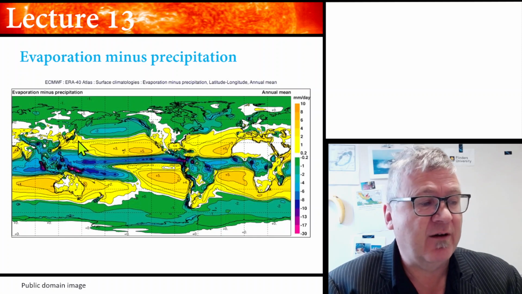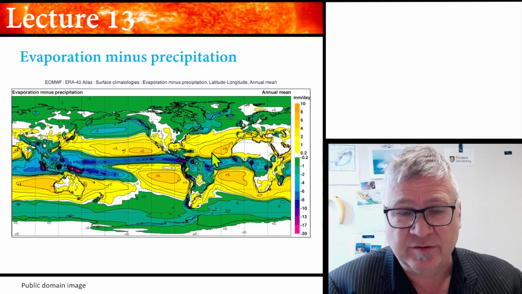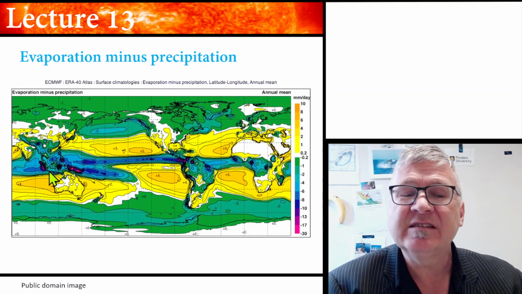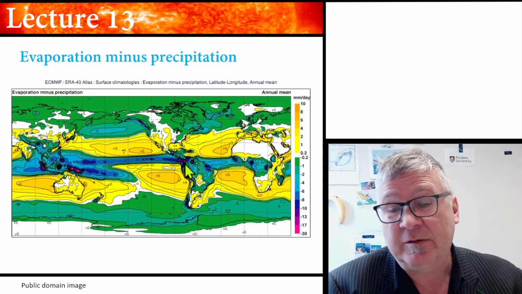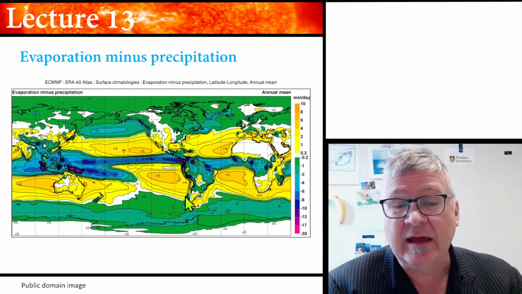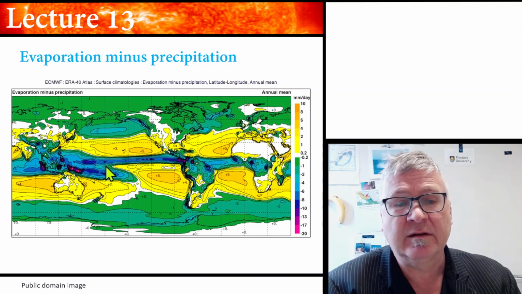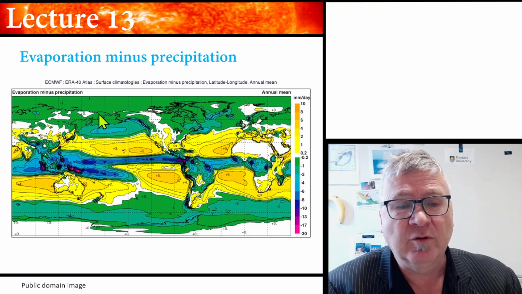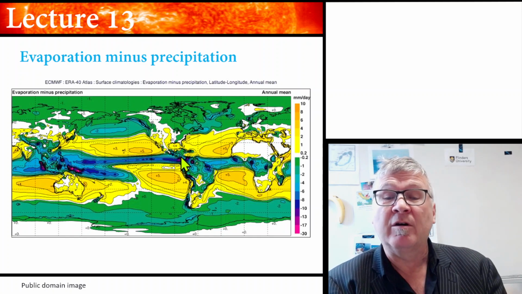You can see these vast regions in yellow here, north of the equator, south of the equator. And we talked about the latitude range. At mid latitudes, you get a surplus of rain, northern and southern hemisphere, and a surplus of rain in the intertropical convergence zone.